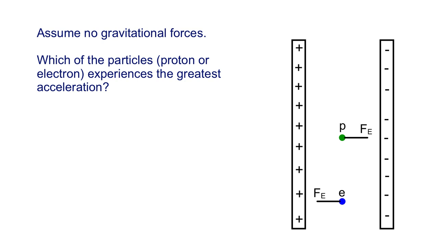Okay, so we already figured out that the force is the same on both the proton and electron, but the electron will be accelerating towards the positive plate, and the proton will be accelerating towards the negative plate. But you should remember that the mass of a proton is much bigger, about 2,000 times the mass of an electron. Or just know that a proton is much more massive than an electron.